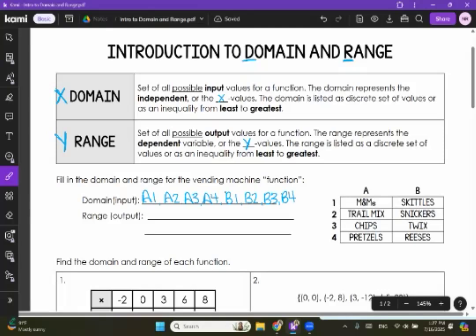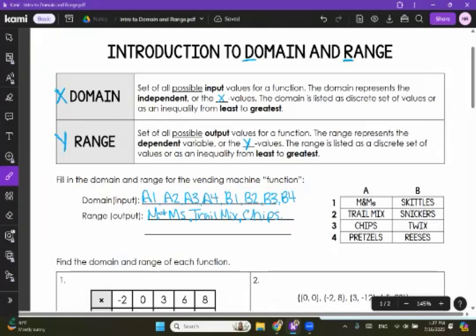That would be M&Ms, trail mix. And the thing about domain and range is that you have to list every one, not just some of them.